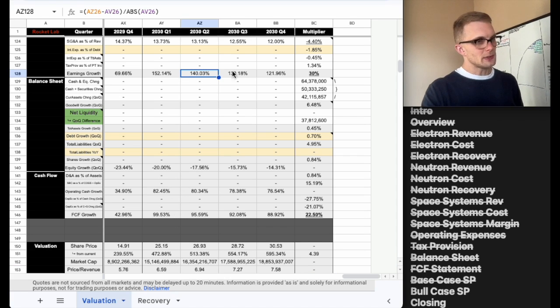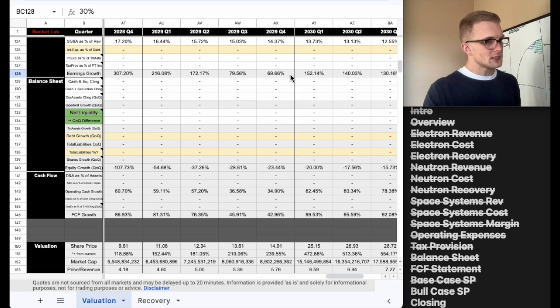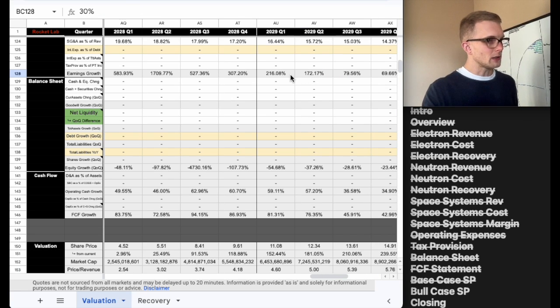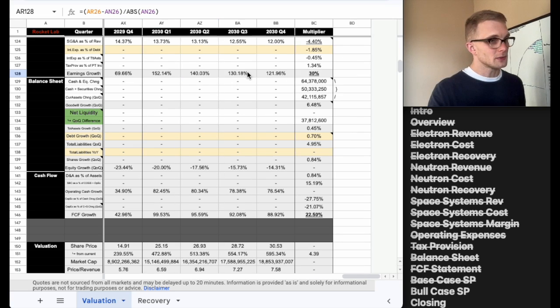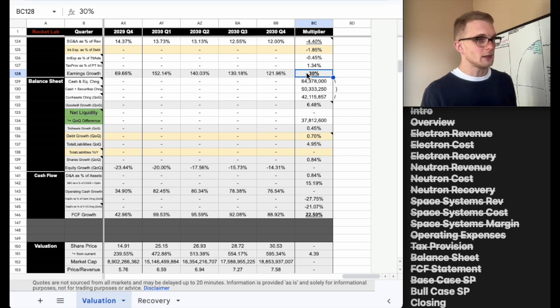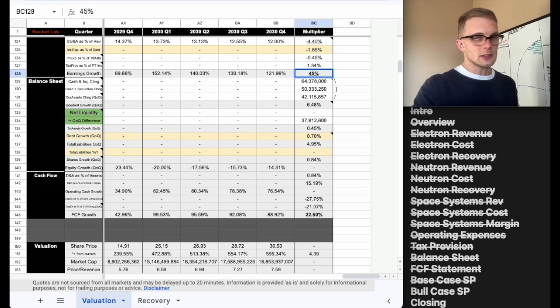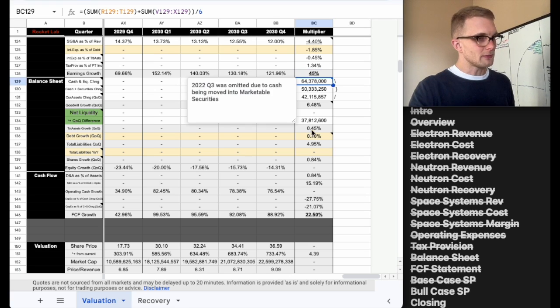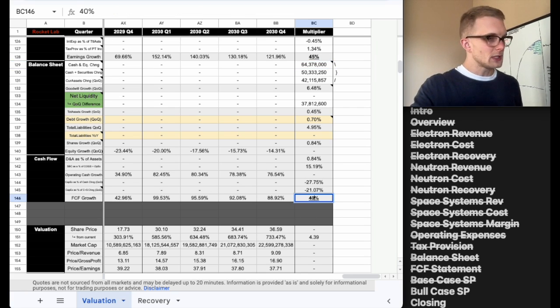Because of all the changes that we just made, this 30% that we have it locked in at is actually going to be probably quite a bit higher. I mean, we're not going to say that we're growing at 1,000%, for example, or even a few 100%. But I think it is safe to say that if the numbers are growing the way that they're modeled here, the earnings is going to be at least 40, maybe 45%. So we'll do that. Similar relationship with the free cash flow. Let's say that this is maybe 40%.